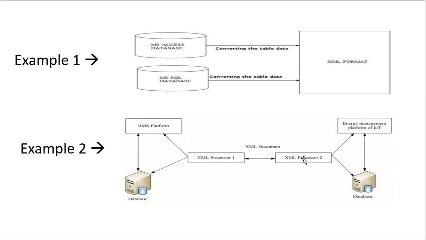Now they need to communicate with each other. The database of the BMS platform will convert its data into XML format using an XML processor, and this XML processor will output an XML document, and this document will be communicated or shared with another XML processor.